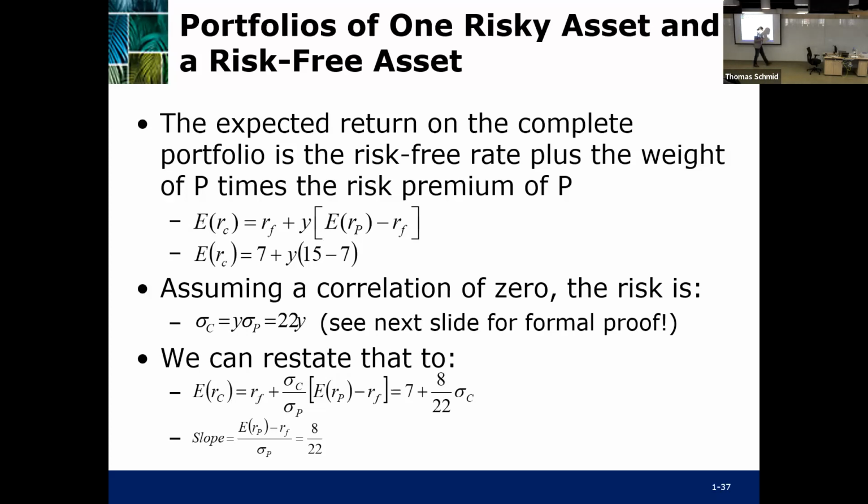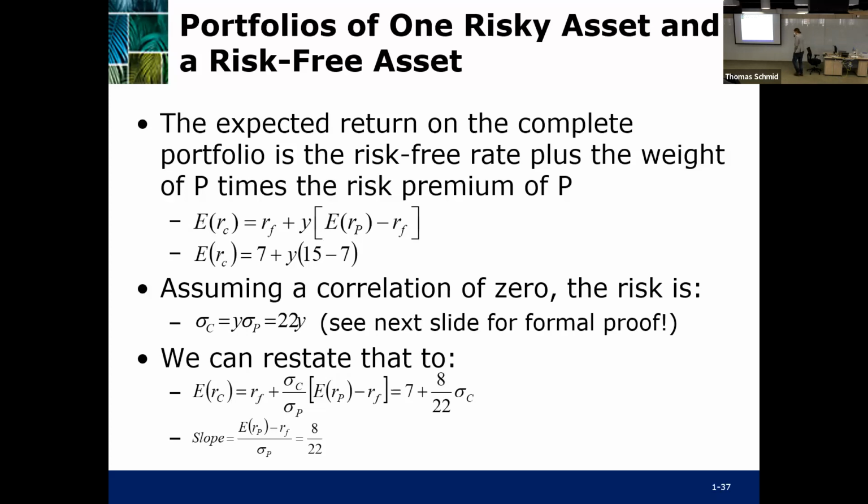So this is the expected return of the complete portfolio. When we think about the risk of the complete portfolio, remember that quite a lot of the time in the last lecture, we talked about the measurement of risk in a portfolio context, because we said it's not just the weighted average, right? We have to consider the covariance between the assets.